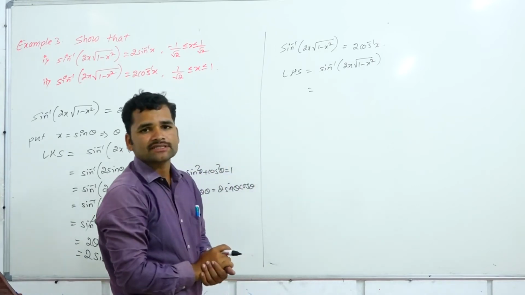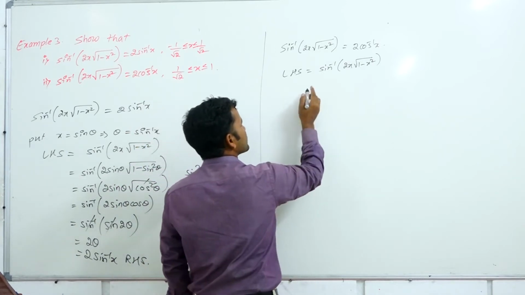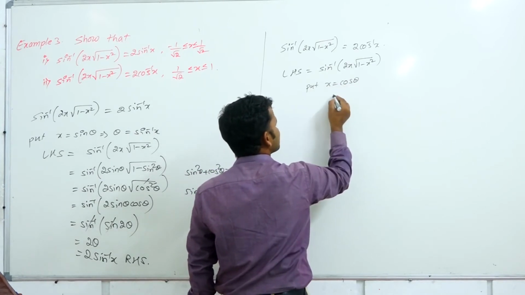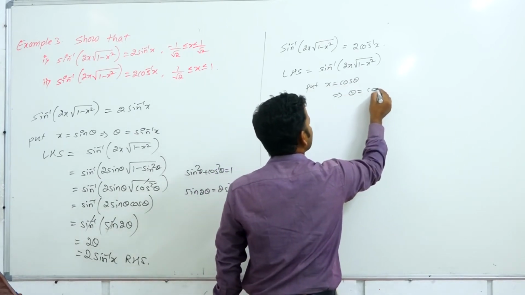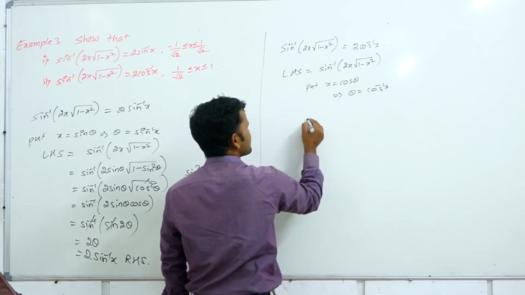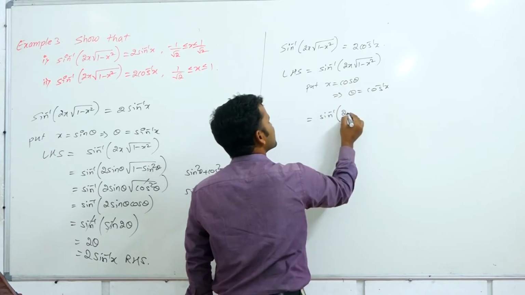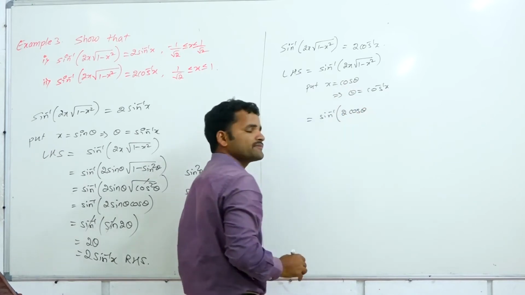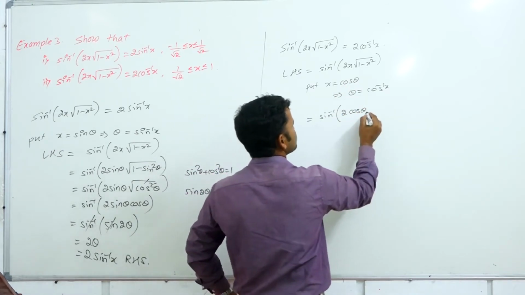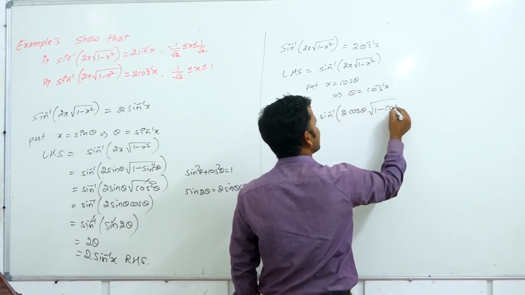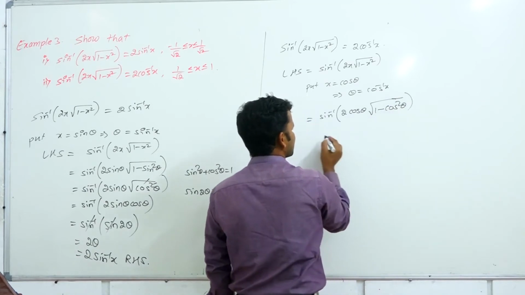You substitute x is equal to cos theta here. Substituting x is equal to cos theta, this is nothing but theta is equal to cos inverse of x. We have sine inverse of 2 into x is nothing but cos theta, 2 cos theta, into square root of 1 minus x, x is cos theta, so we have cos square theta here.